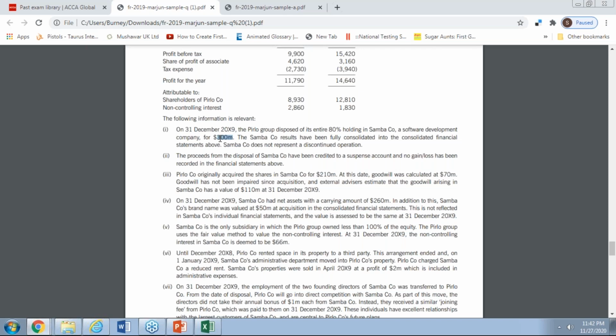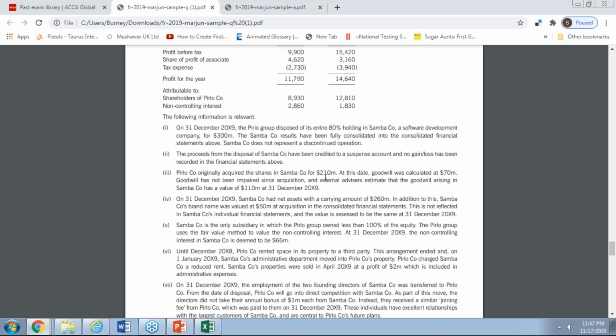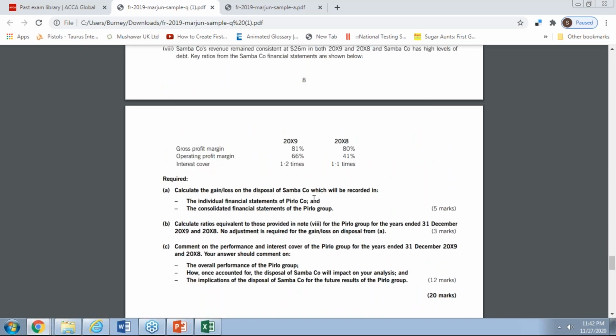We acquired the investment for 210 and sold it for 300, which means there will be a gain on disposal of 90. So the first requirement is to calculate the gain on disposal in the individual financial statements of Perlo. The answer for this part will be 90. So out of 5 marks, you will get 2 to 3 marks just by seeing the notes.